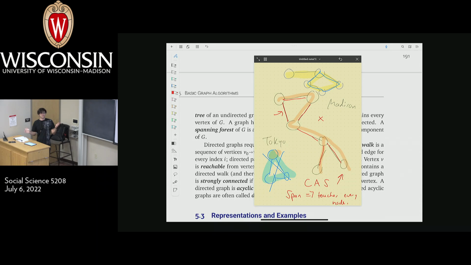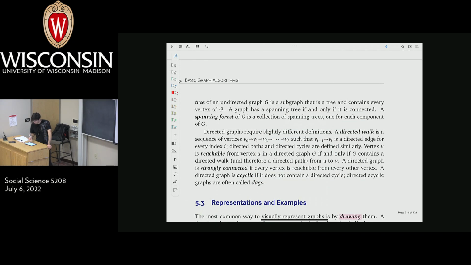The whole graph is a subgraph of itself that touches every node. So the graph itself is also a spanning subgraph. And similarly, you can have a spanning forest. Same thing, but instead of a single tree, you have a bunch of them because your graph is disconnected.